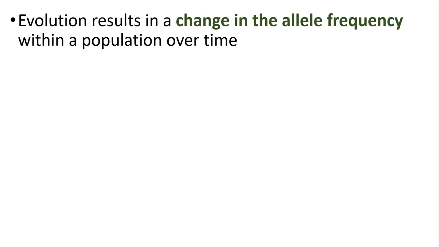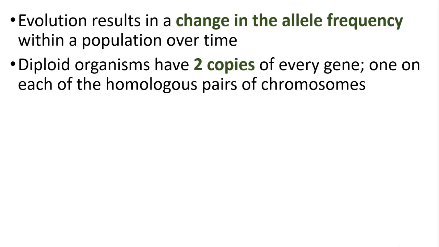Therefore, changes are occurring and evolution is occurring. If a population is in Hardy-Weinberg equilibrium, that means that evolution is not occurring and that these frequencies of alleles will not change. That's what we're going to show you how to calculate today.